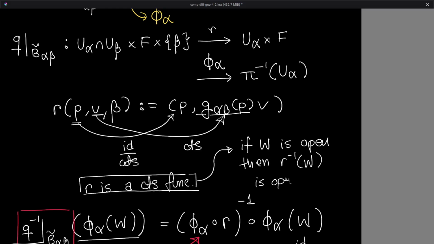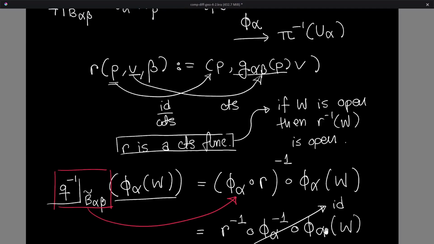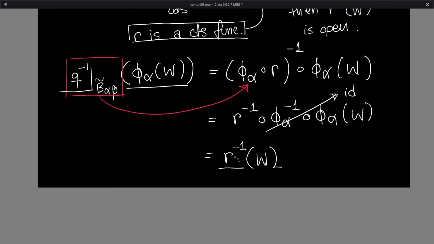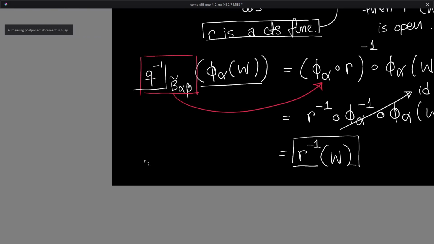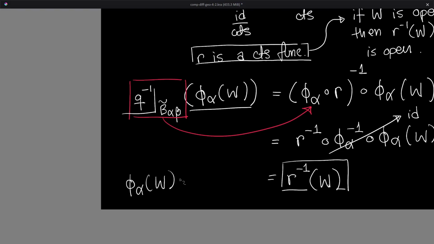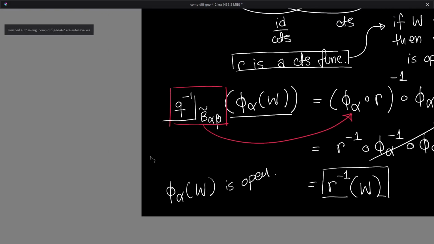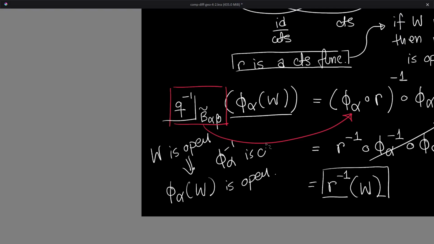That's exactly what we want, because we've just shown through all of our arguments that R inverse of W being open is the same thing as phi alpha of W being open. And because W is always an open set, phi alpha of W always being open means that phi alpha inverse is continuous. And there we go. We've proven it.